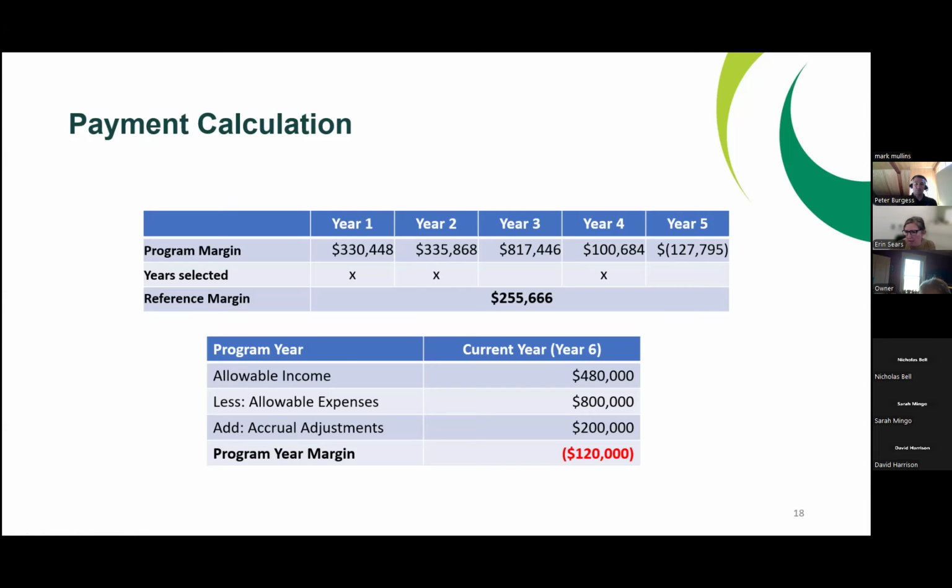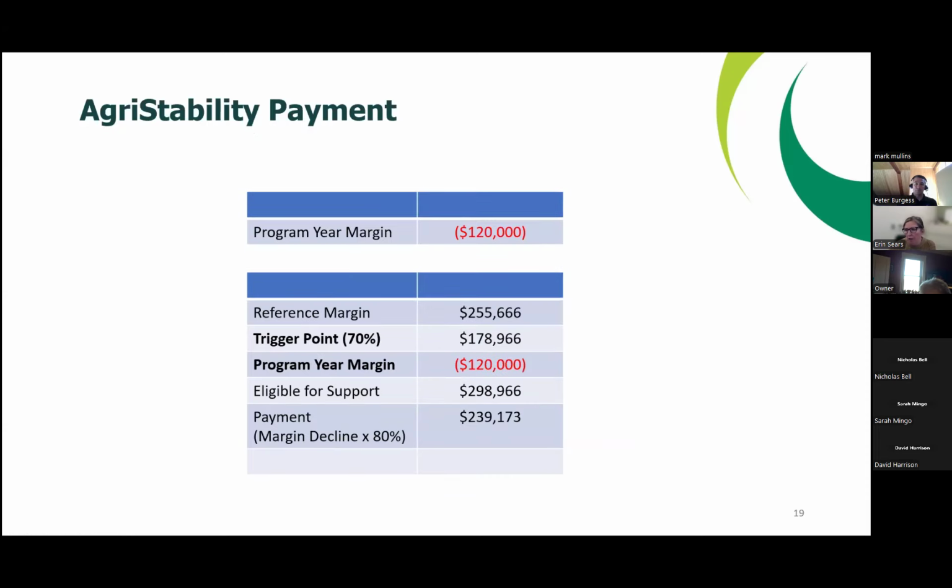negative 120,000. So when you work this scenario through, your reference margin, again, is your 5-year margin, and they look at the Olympic average to get your reference margin. Then they look at that trigger point, again 70% of your reference margin.